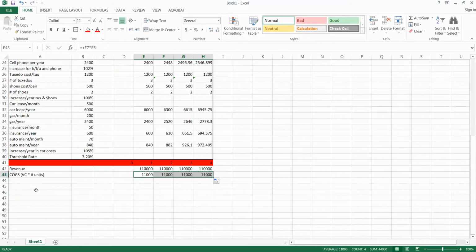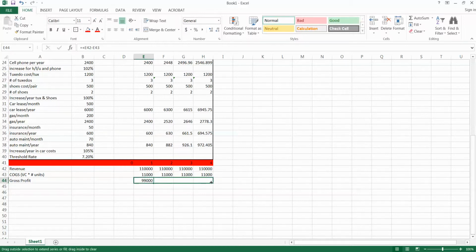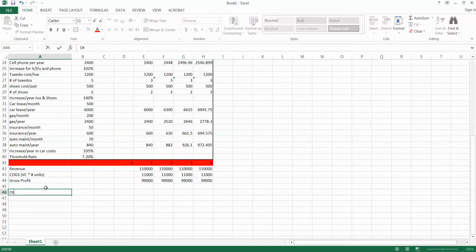And it worked. And now we figure out our gross profit, which is our revenue minus our cost of goods sold. So just plus our revenue minus our cost of goods sold. And because that's a relative formula, we should be able to carry it right across. And we can. Great.